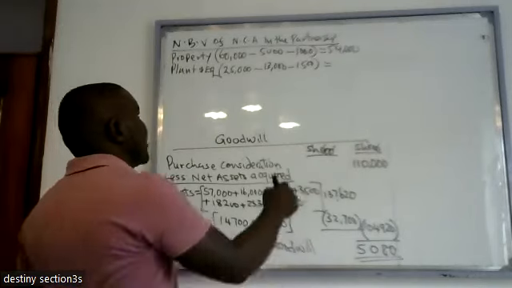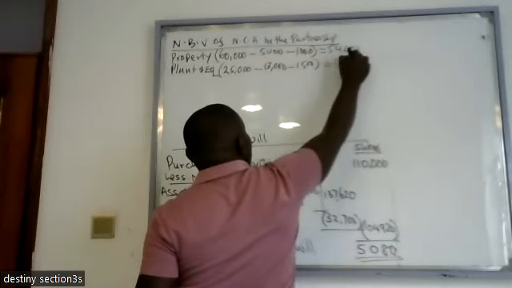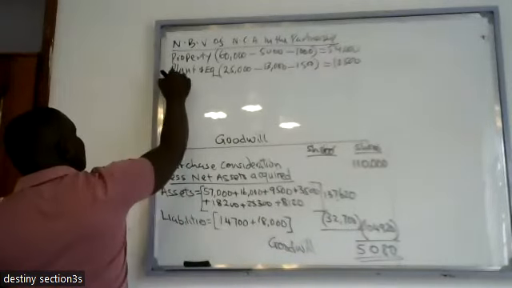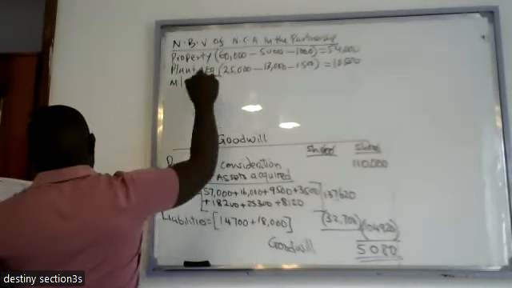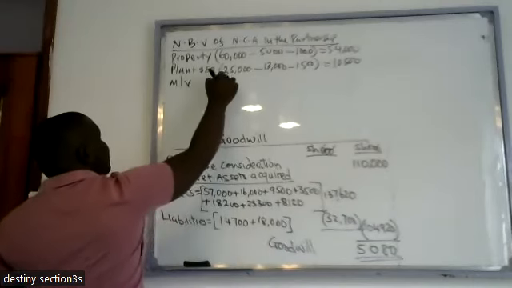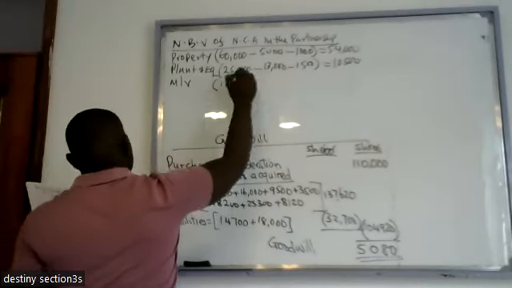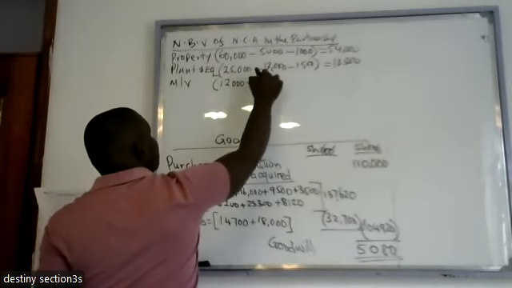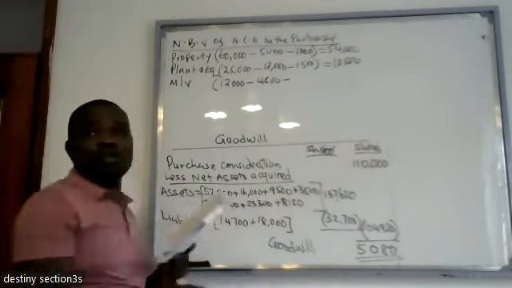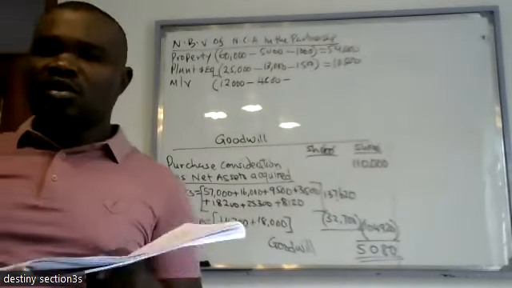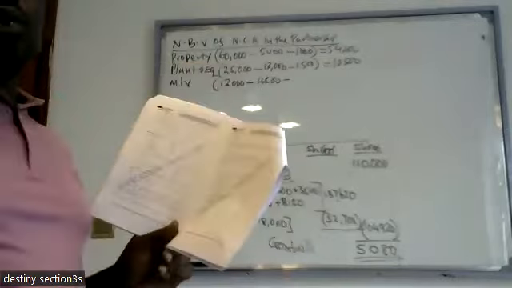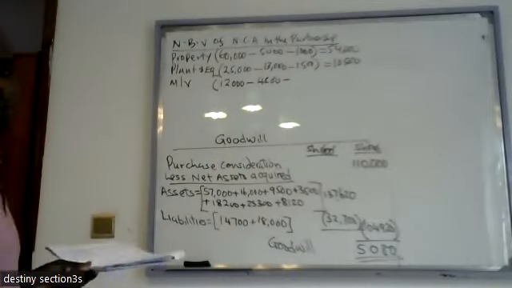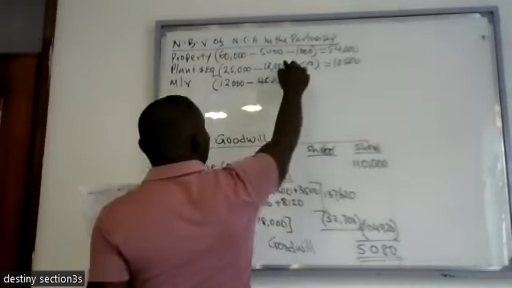Net book value is 10,500. Then motor vehicles. Motor vehicles is 12 minus 48, minus, what did you charge? $24.